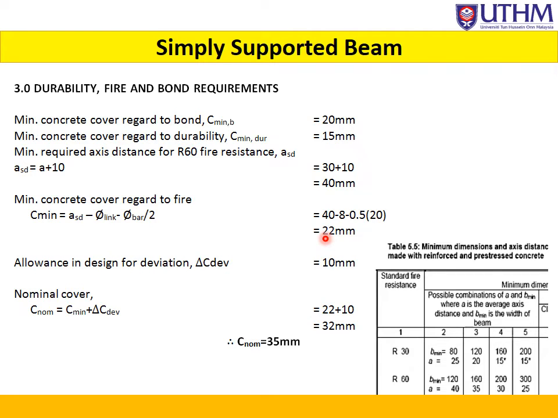In here, the maximum value is 22 mm. We add 10 mm, so we get our cover 32 mm. On site, it's quite hard to get 2 mm precision, so we round up to 35 mm. Therefore, our cover is 35 mm.